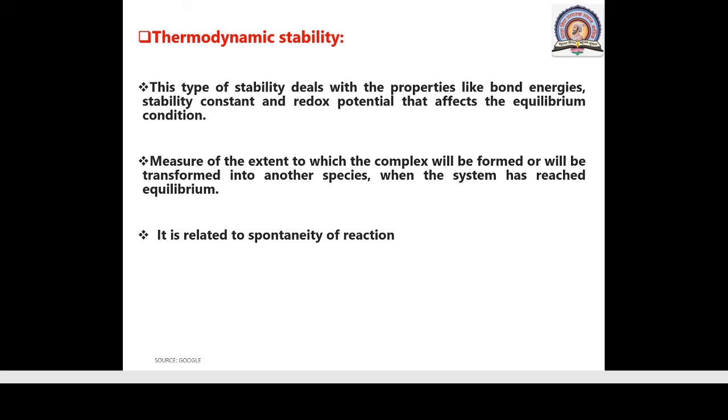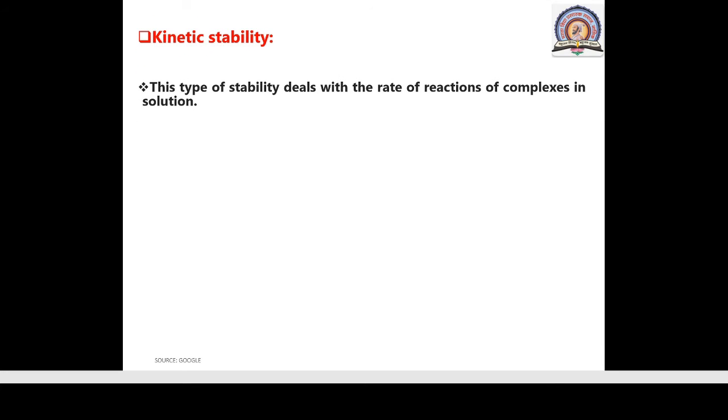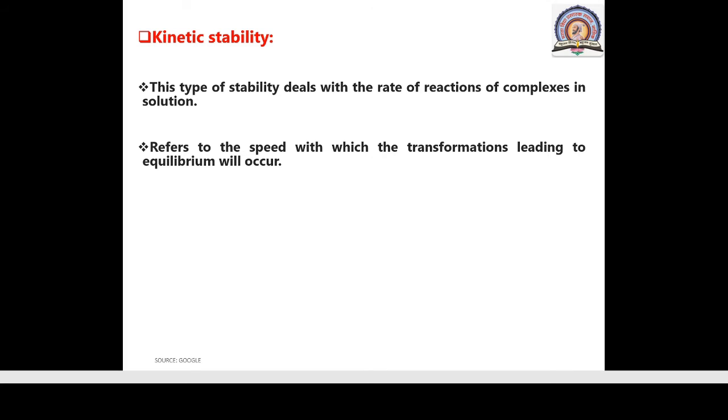So next one is kinetic stability. This type of stability deals with the rate of reactions of complexes in solution. It refers to the speed with which the transformations leading to equilibrium will occur.